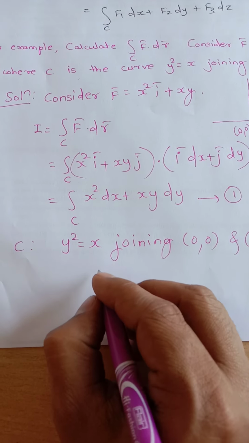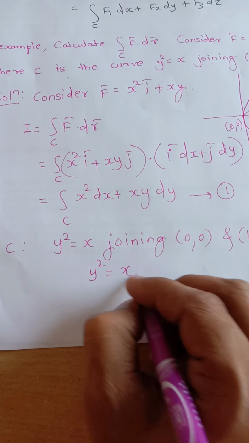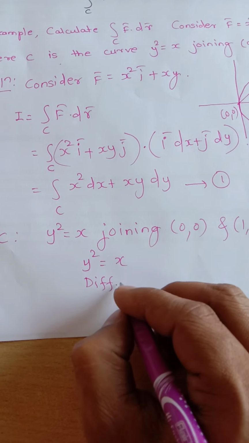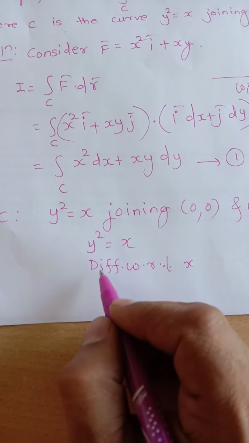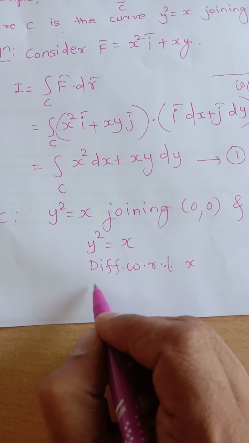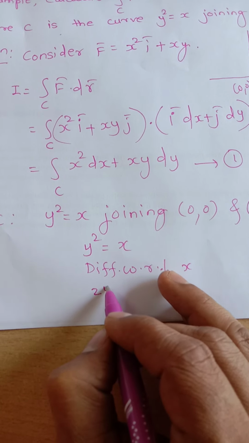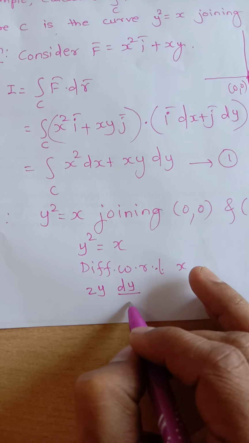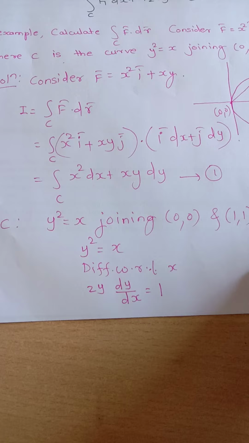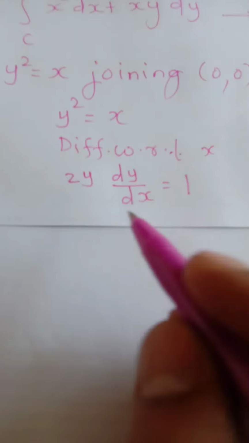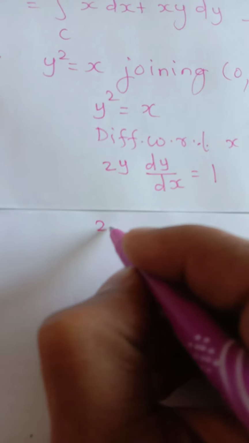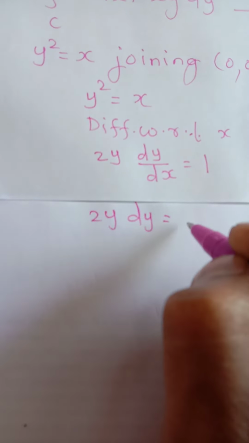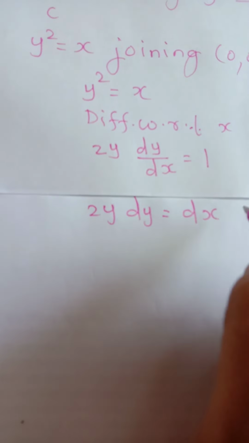So y square is equal to x, differentiate with respect to x, we get the derivative of y square, which is 2y into the derivative of y, dy by dx, is equal to the derivative of x, which is 1. So 2y dy is equal to dx.